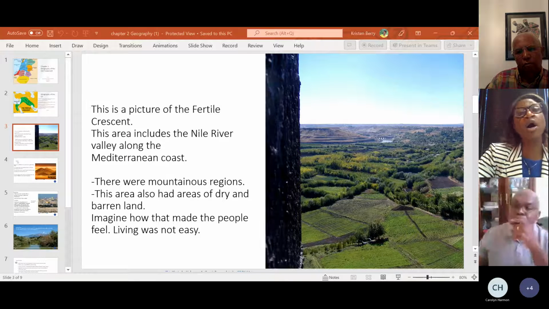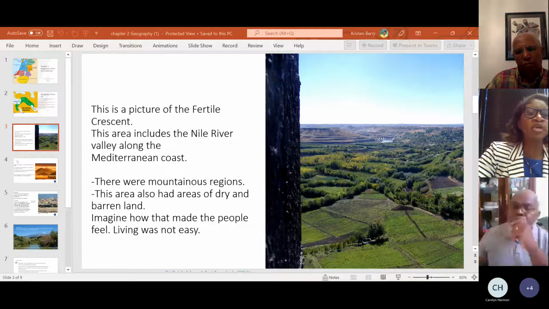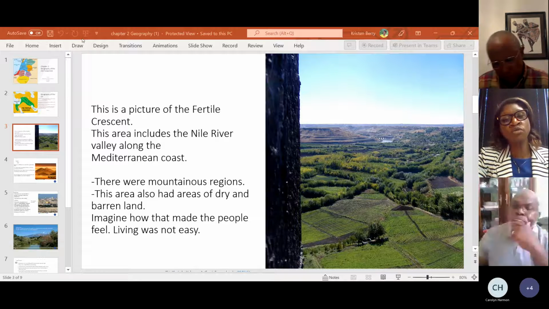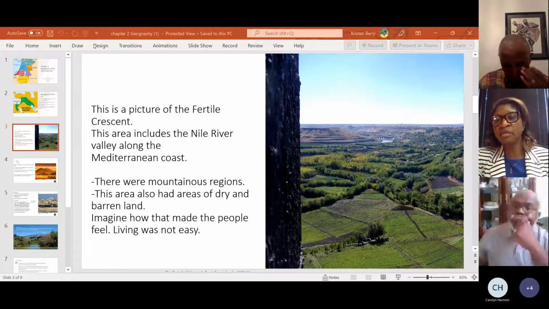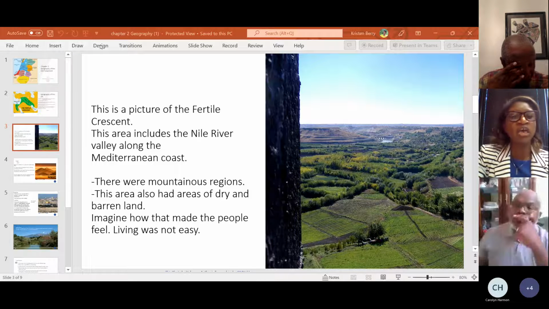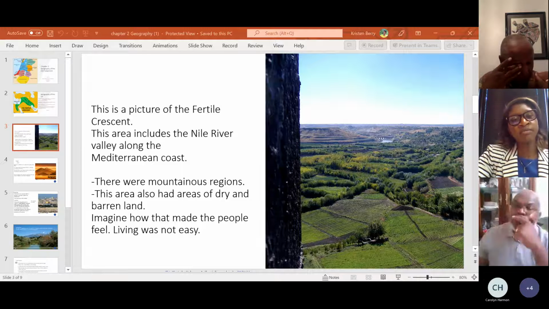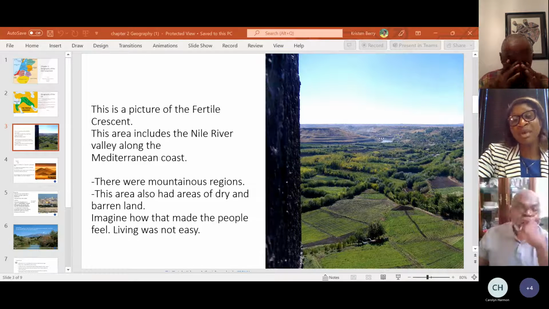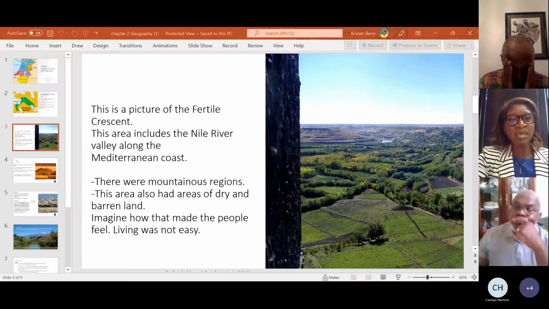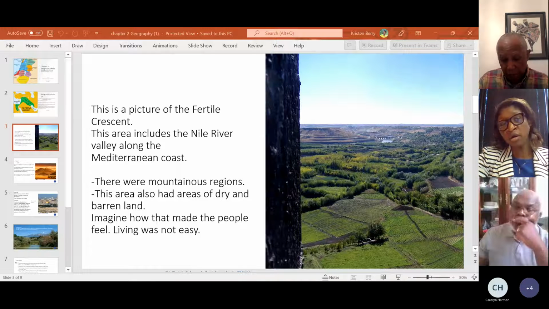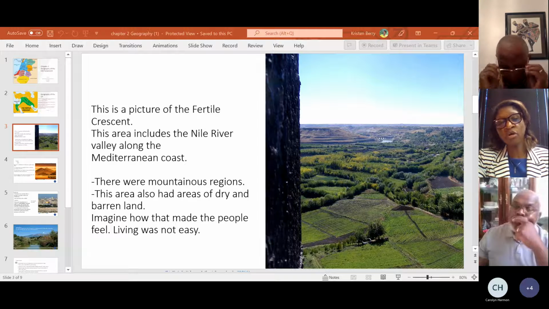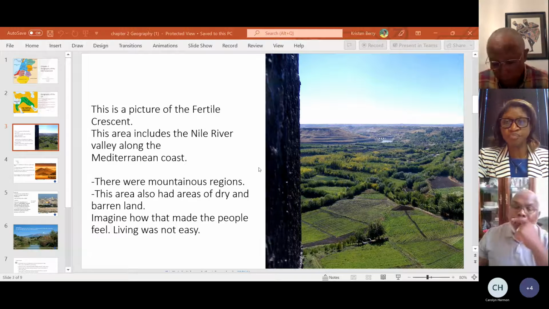This is a modern picture of the Fertile Crescent. And it's just that, isn't it, fertile? It's lush and green. And this area includes the Nile River Valley, so it's getting water from the river, along that Mediterranean coast.